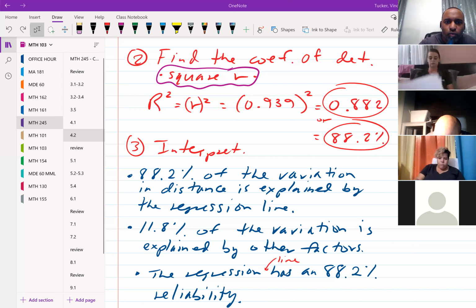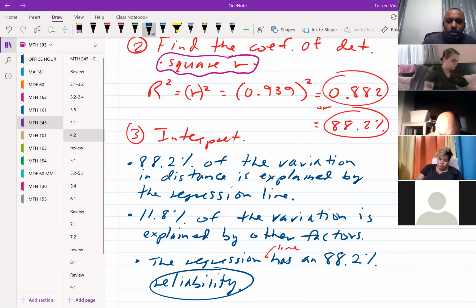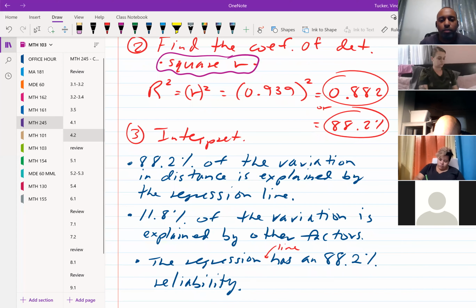What's that last word on that last bullet point? All right, let me get right to it. Reliability, talking about this one right here. Yep, thank you. Regression line has a 88.2% reliability. Yeah, that could be mistaken as like a half a B or possibly a LELIAB.